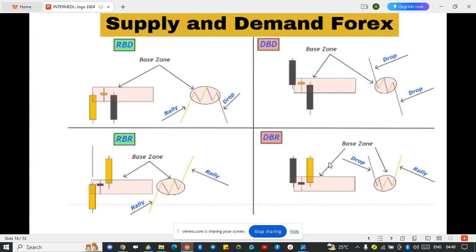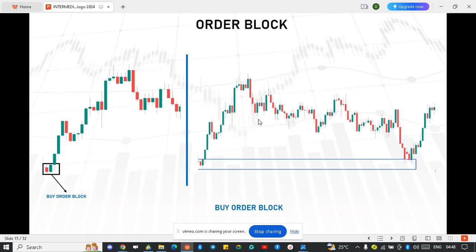If it's more than one, you need to tread carefully because it's a pointer that the zone might not hold when price returns to it.